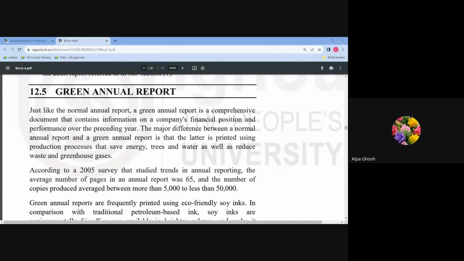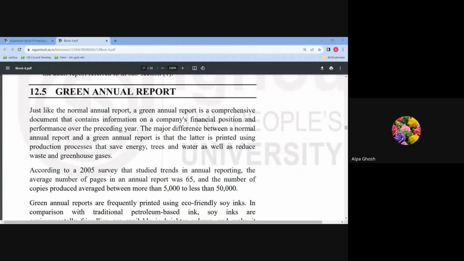So when we talk about a green annual report, it means that we don't bring the report in printed form, just to save energy, trees, and water and reduce greenhouse gases.